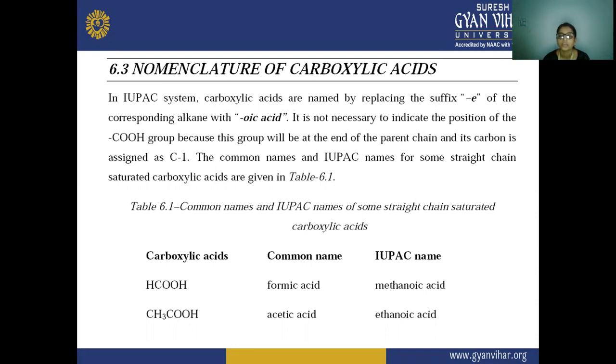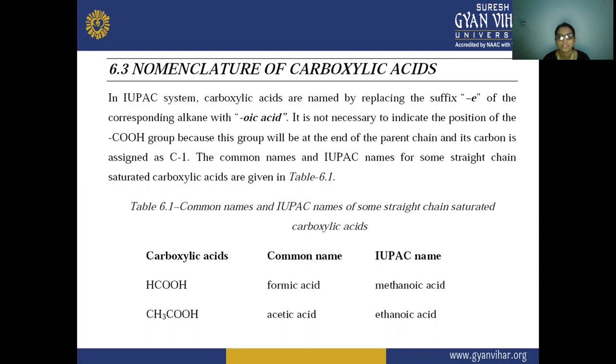So in this case, it is not necessary to indicate the position while writing its name. You do not have to indicate the position of this carbon because it will always be assigned as the first carbon in the chain.